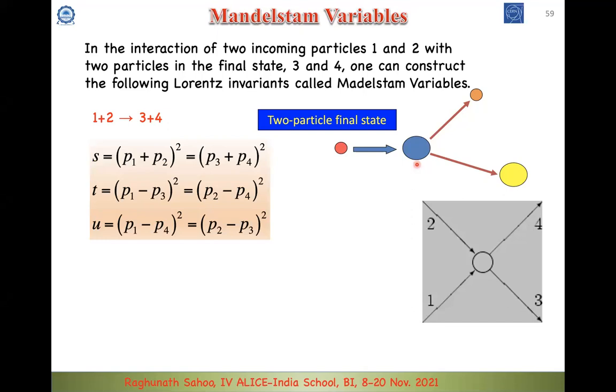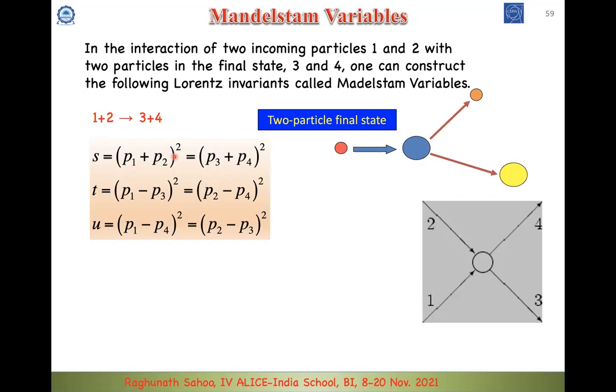In this two-particle interaction, 1 plus 2 going to 3 plus 4, I can define three variables which are Mandelstam S, T, and U. S is defined as the total momentum squared, (p1 plus p2) squared, and by energy-momentum conservation this has to be (p3 plus p4) squared.